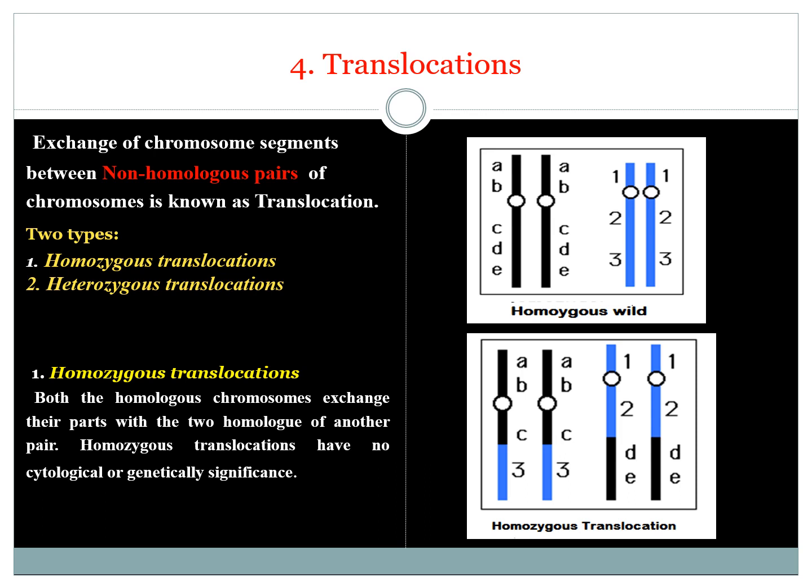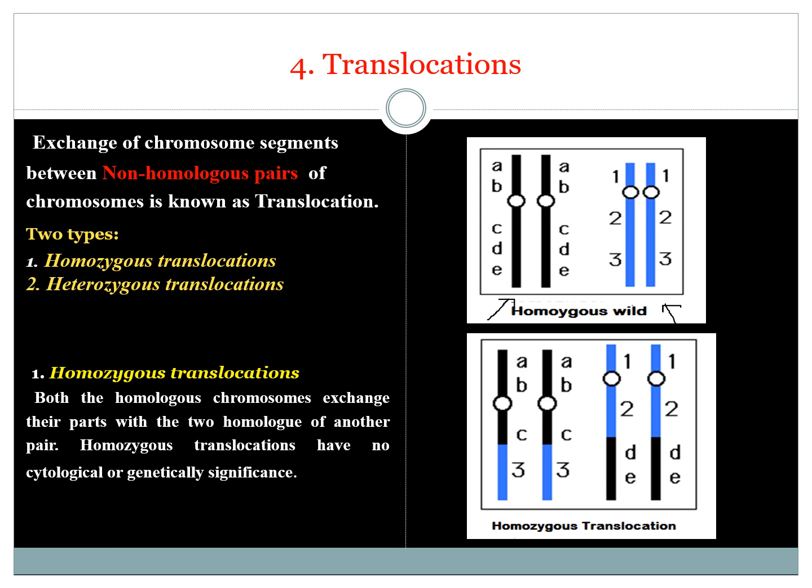See here, these are the four chromosomes. The first two are one homologous chromosome pair and the other two are the second pair of chromosomes. Here the exchange takes place between the non-homologous chromosomes. Reciprocal translocations are of two types: homozygous translocations and heterozygous translocations. In homozygous reciprocal translocations, the homologous chromosomes exchange parts with the two homologues of another pair.